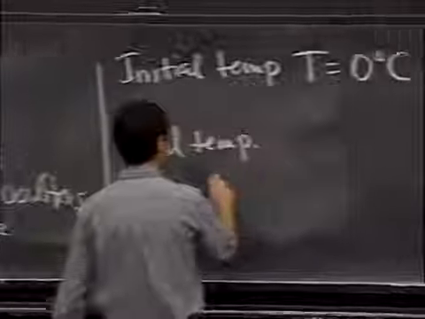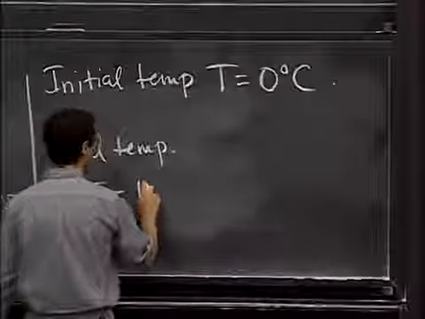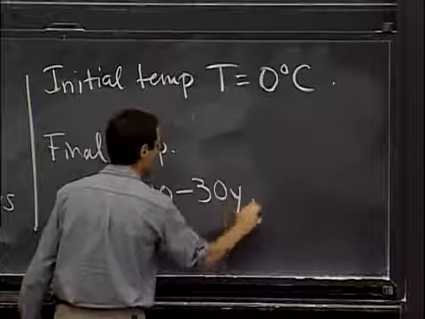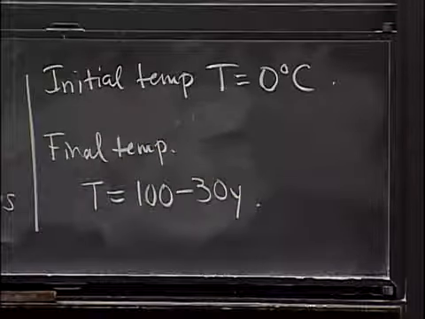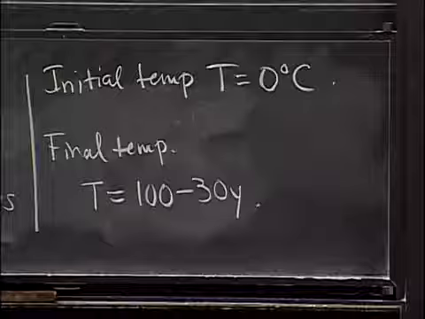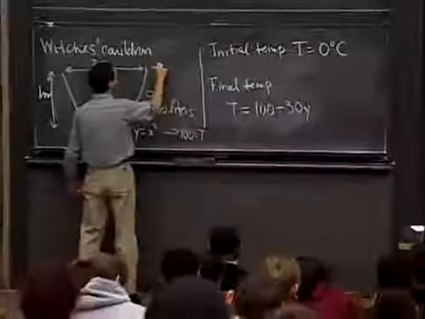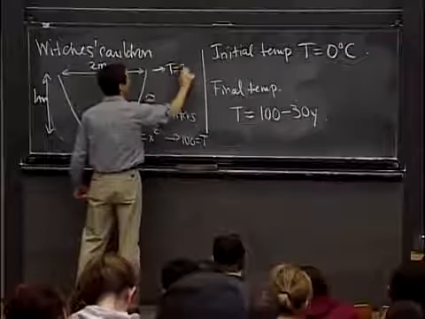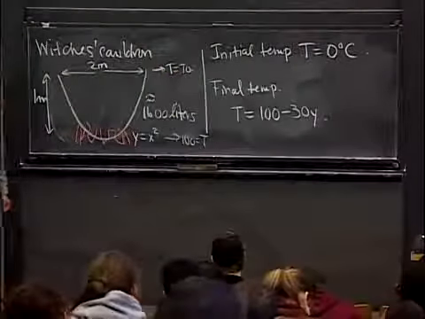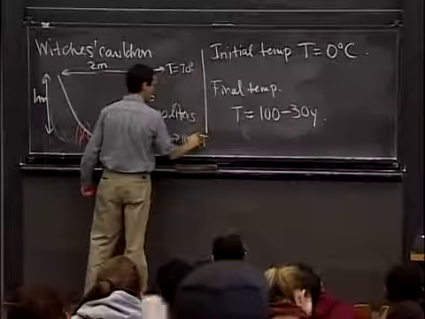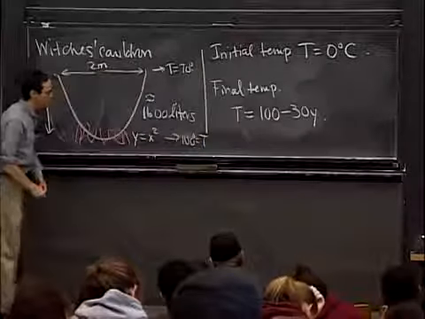And the final temperature was given by the formula T equals 100 minus 30 times the height y. So at y equals 0, at the bottom it's 100. And at the top, T is just equal to 70 degrees. Okay, so this is the final configuration for the temperature.